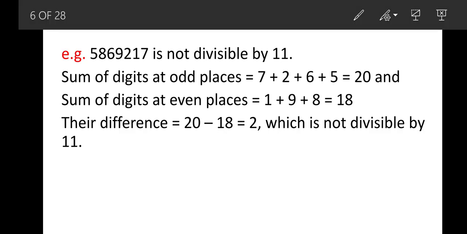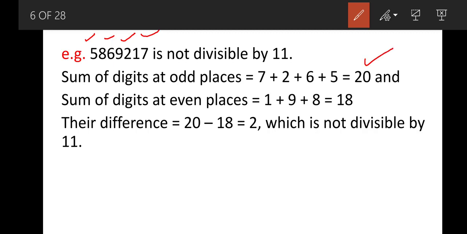So what we have done: we have taken the sum of the digits at odd places, here 7, then 2, then 6 and then 5. These are the digits at odd places, and their sum is equal to 20.